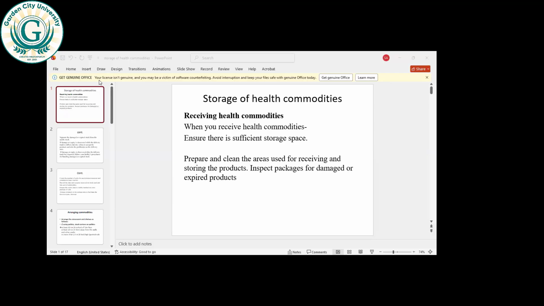And when it comes to health commodities, one danger is that when they become contaminated, sometimes you cannot see it with your naked eye unless you do clinical trials, laboratory examination, before you'll be able to determine whether a particular drug has some form of defect.